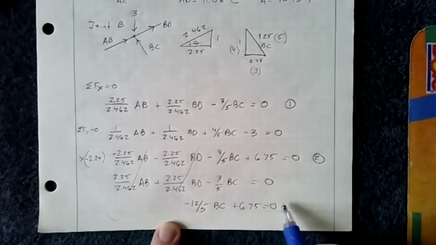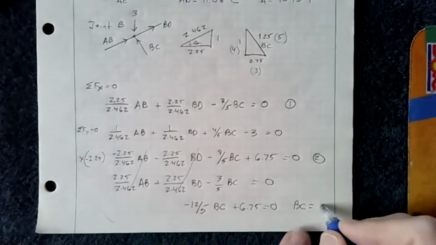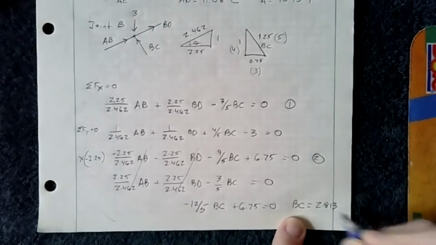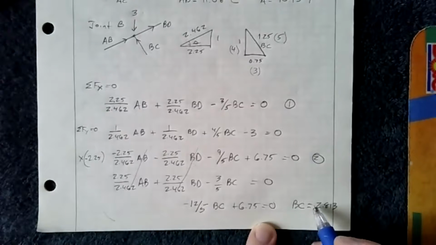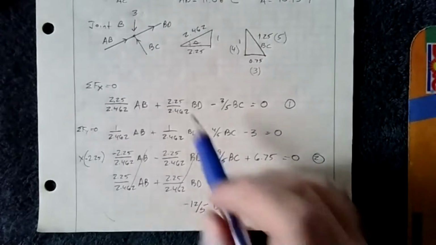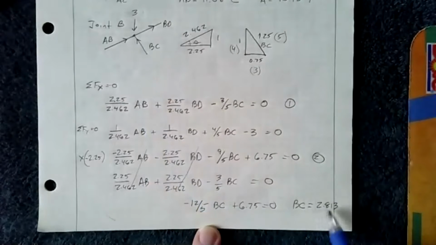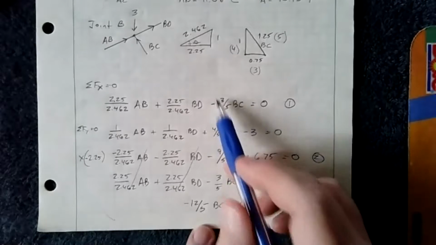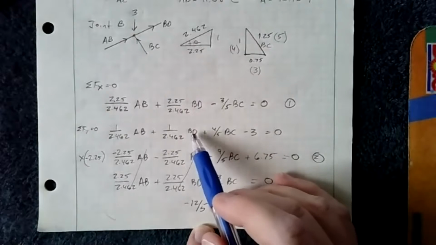So move 6.75 to the other side, solve, I get BC equal to 2.813. And because it came out positive, it means I guessed the right direction, that BC is indeed in compression. So once I have that 2.813, then all you have to do is take that value and plug it back into either one of these equations and then solve for your respective BD.